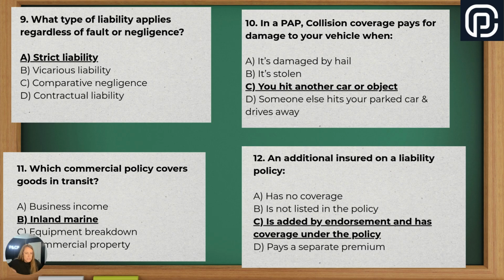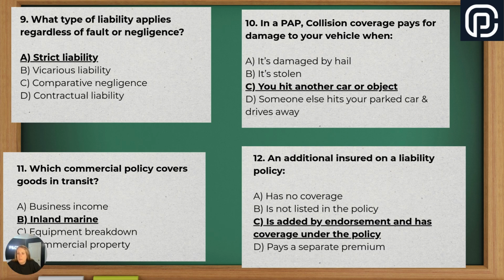Best advice here, because I know this wording is tricky, is just read them slowly. If you have situations like this on the exam, which you likely will, where there's more than one answer that sounds like it could be right, always go with the most concrete, black and white answer, the one that makes the most sense.